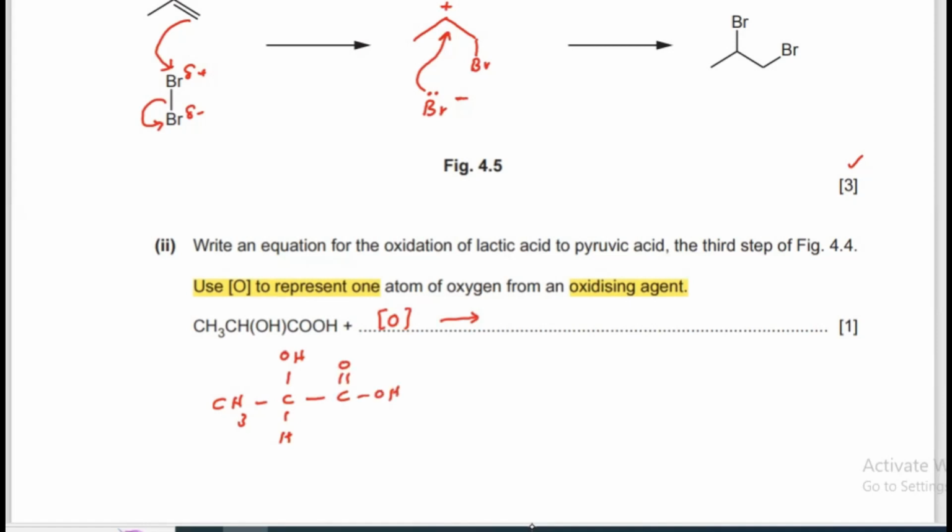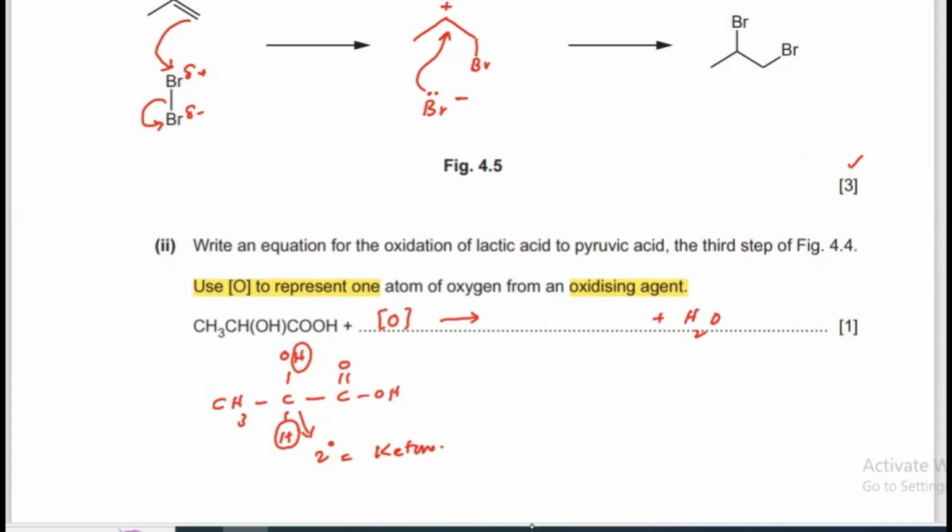This is 2-hydroxypropanoic acid, and when it is oxidized, because this alcohol is secondary, it must be oxidized to a ketone. So here you have to show the ketone. Now this is the carboxylic acid, and the carboxylic acid is not oxidized. If we remove 2 hydrogens, then we will get a double bond here. By removing these 2 hydrogens, if they combine with the oxygen, you will get water, H2O.